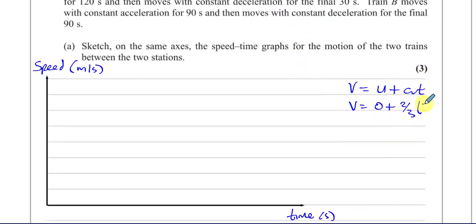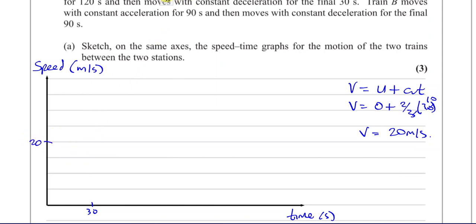So 2/3 times 30, which is 20 meters per second, and it takes 30 seconds. So after 30 seconds, it reaches a speed of 20 meters per second over here.